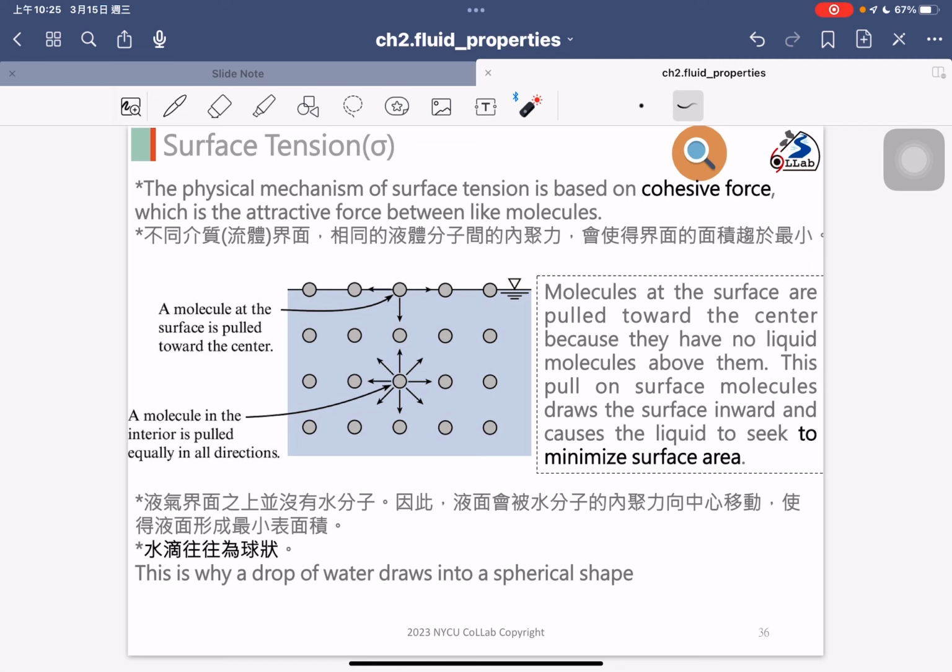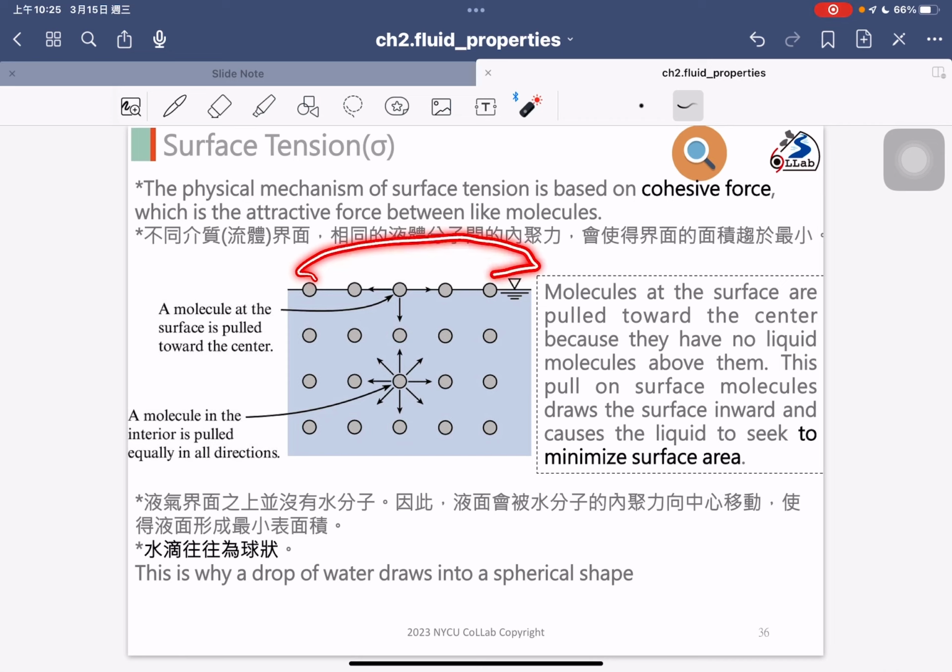So the same molecules will have the cohesion force, and we can also call that the attractive force. And if you see this case, how can we figure out what is the surface tension we have in our problems? So the particles in here are the molecules, and you can see these are the water molecules. And molecules at the surface are actually pulled toward the center, because they have no liquid molecules above them.